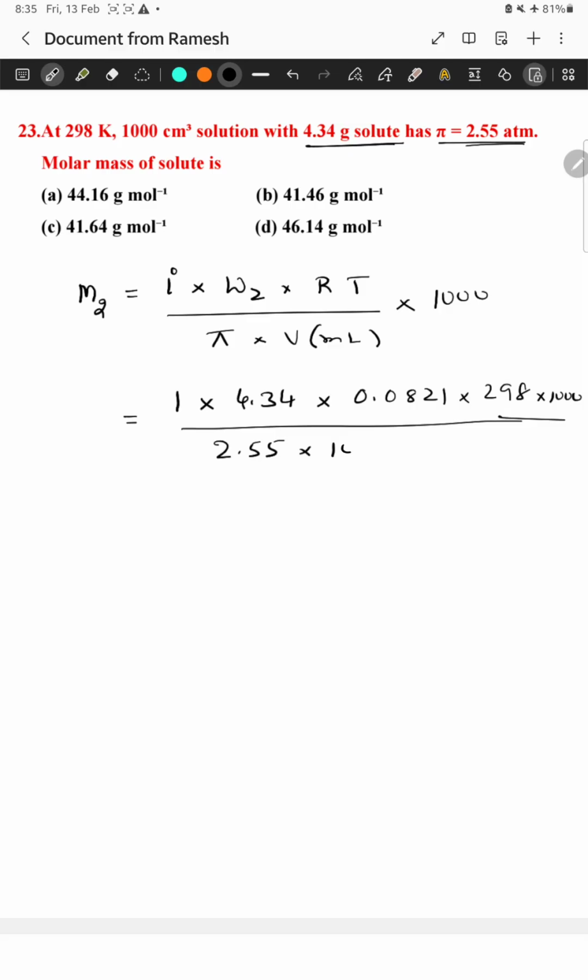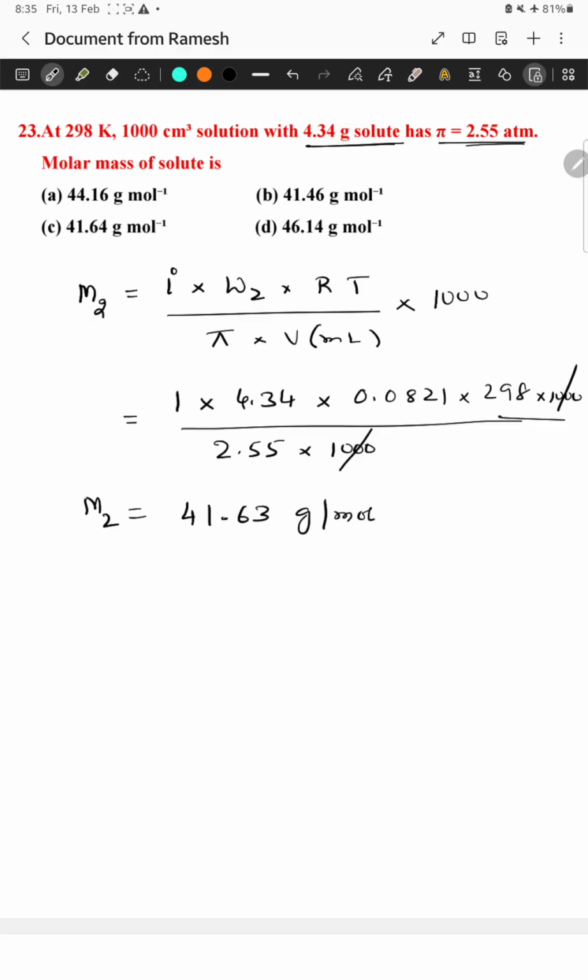Volume in ml is given as 1000 cm cube, correct? So here 1000 cancels out. If you simplify, finally you will get the molar mass of the solute as 41.63, and of course the unit will always be gram per mole.